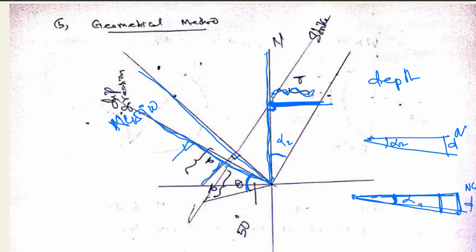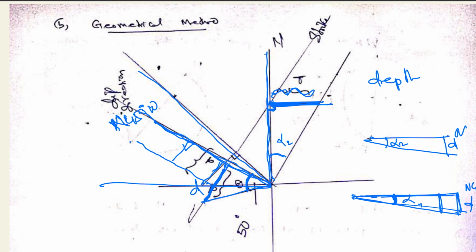At any place you draw perpendicular, measure d, draw a parallel like this, so that it will touch the angle dip, apparent dip angle at the point. So this is the point, so this is the d we have found out.